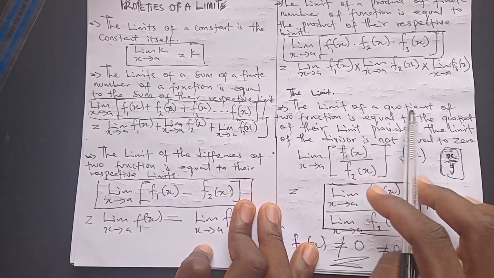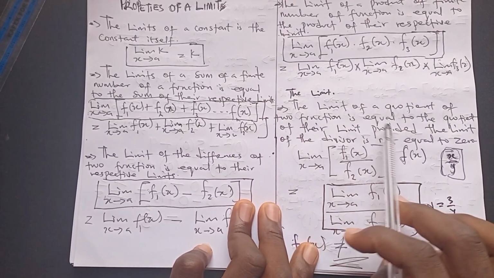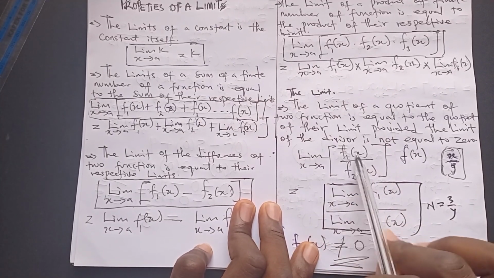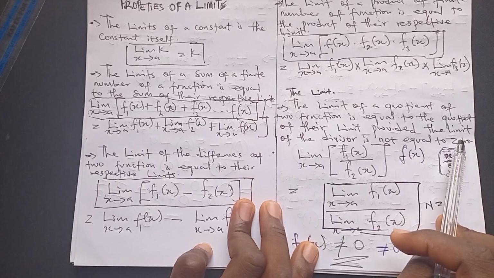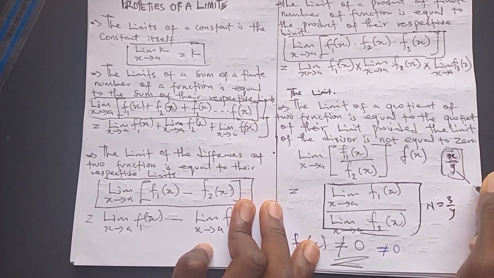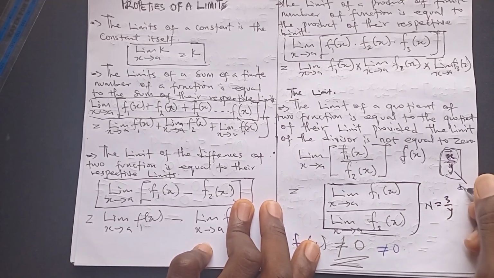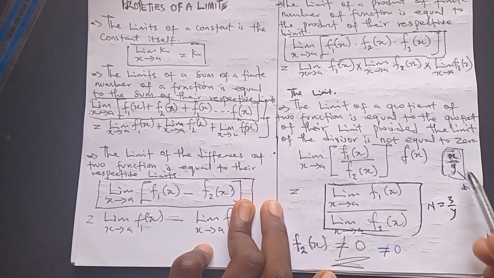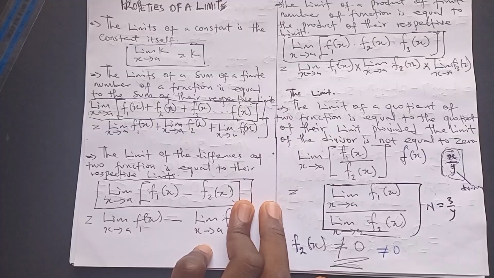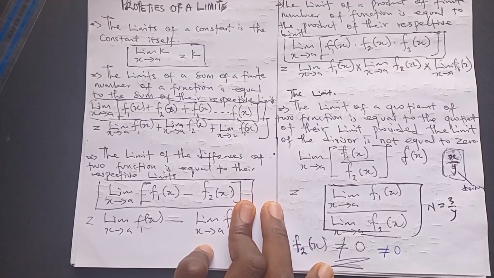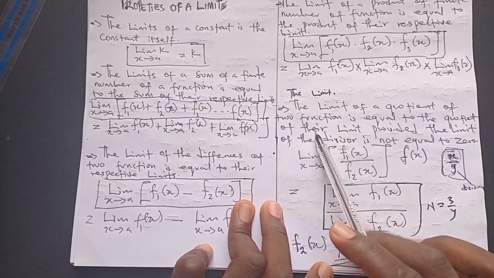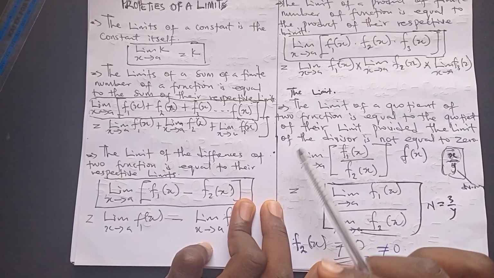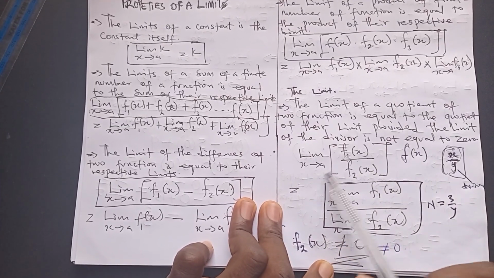So the limit of a quotient of two functions is equal to the quotient of their limits, provided that the limit of the divisor is not equal to 0, because if this divisor is equal to 0, the expression is undefined.